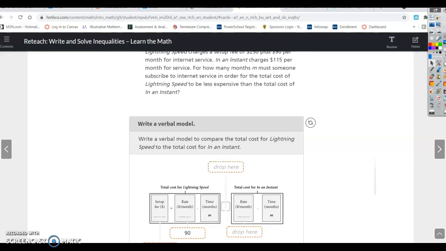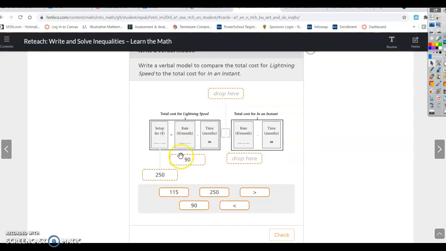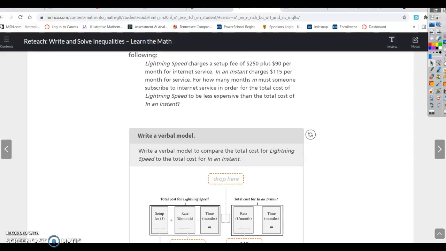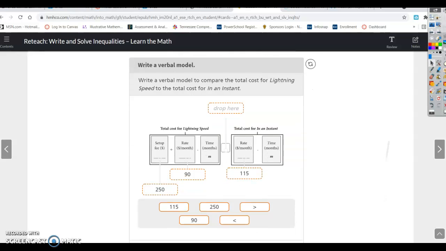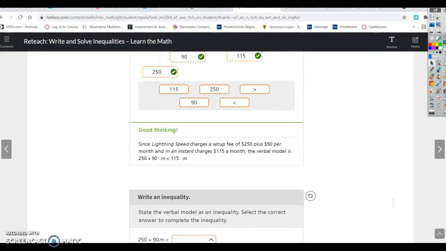And then for In an Instant it is $115 times the number of months. And then it says in order for the total Lightning Speed to be less expensive, so we want Lightning Speed to be less expensive than In an Instant. So we have to drop the less than symbol in there to make that work.